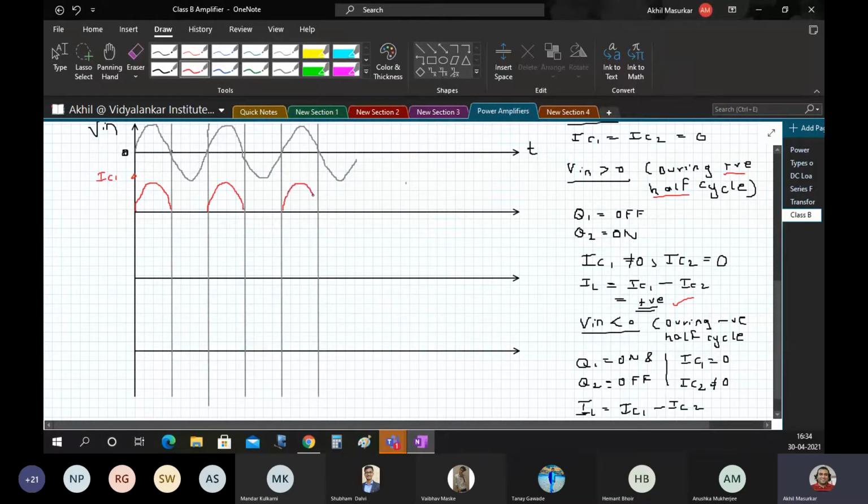So this is my IC1, which is positive only during the positive half cycle of the input when V is greater than 0, and IC2 will be flowing on negative half cycle.